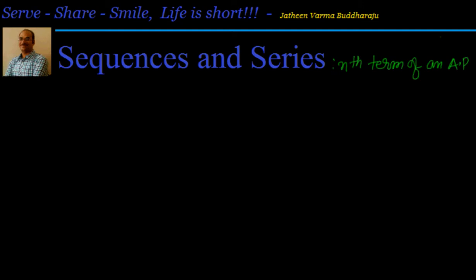Hello, welcome. In this session, let's look into how to find out the nth term of an arithmetic series or arithmetic progression. We know that the terms of an arithmetic series look like this. If a1, a2, a3, a4 and so on are the terms, then a2 minus a1 is equal to d.